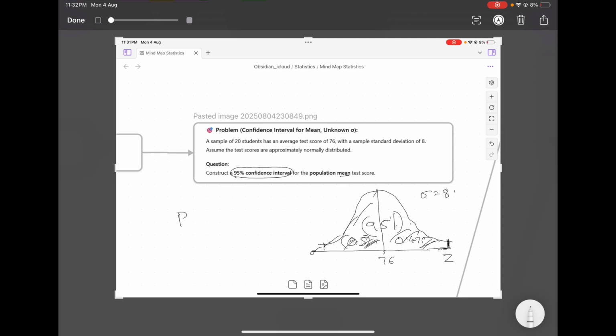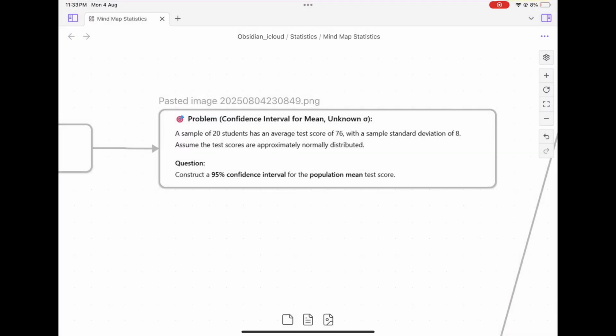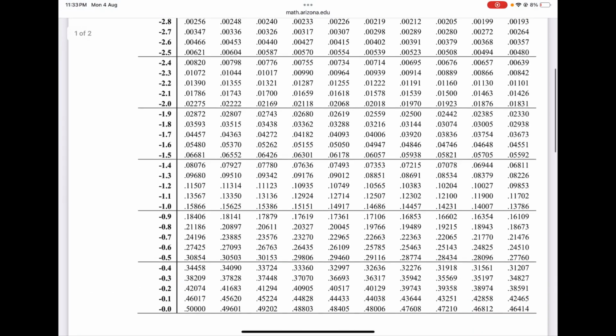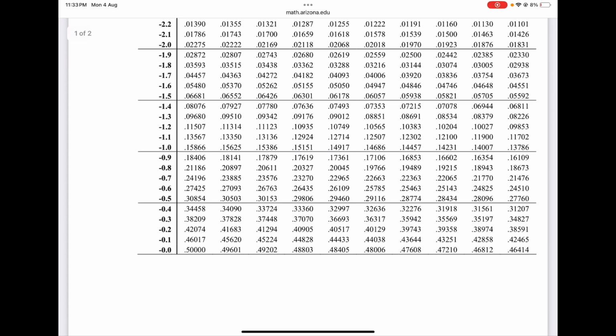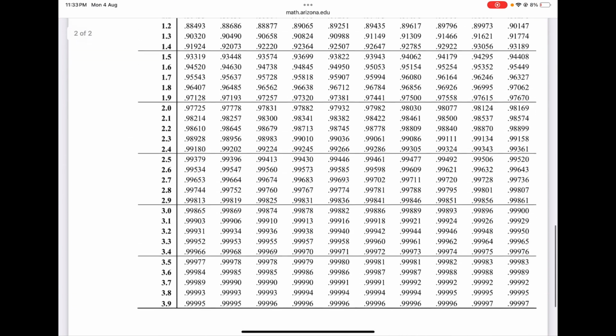So first we will find Z corresponding to 0.975. Again we will search here for 0.975.